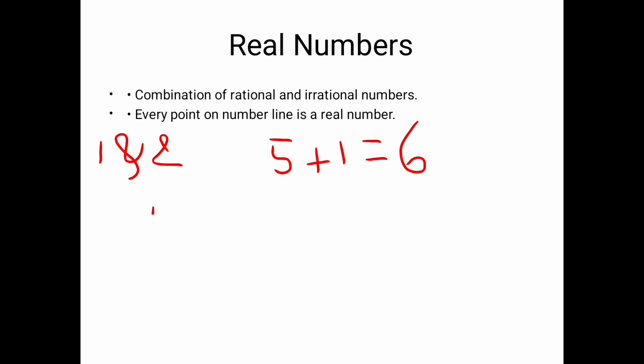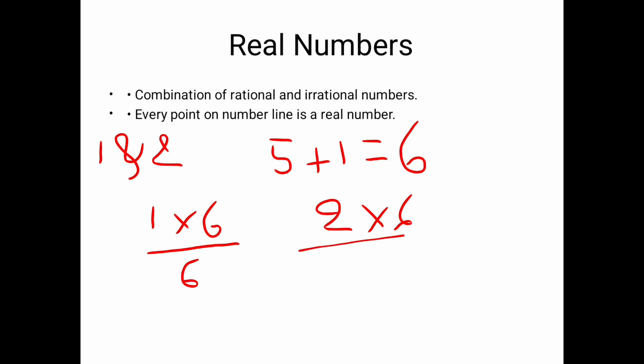So what should I do? I will multiply by 6. If I multiply this by 6, I have to divide them by 6. And for 2 also I have to do the same thing, multiplying by 6 and dividing by 6.